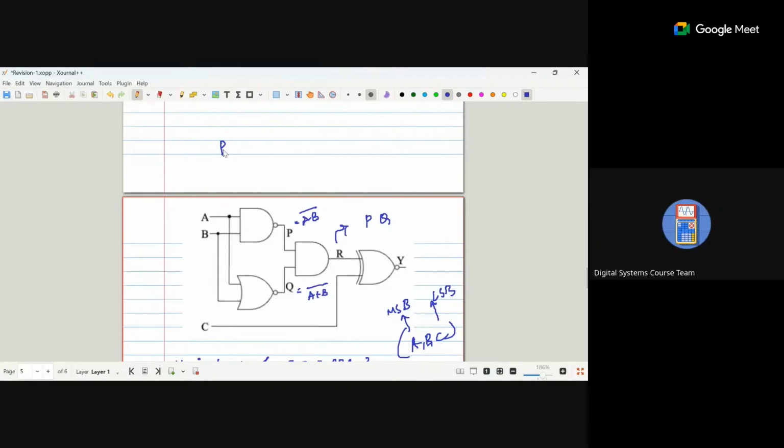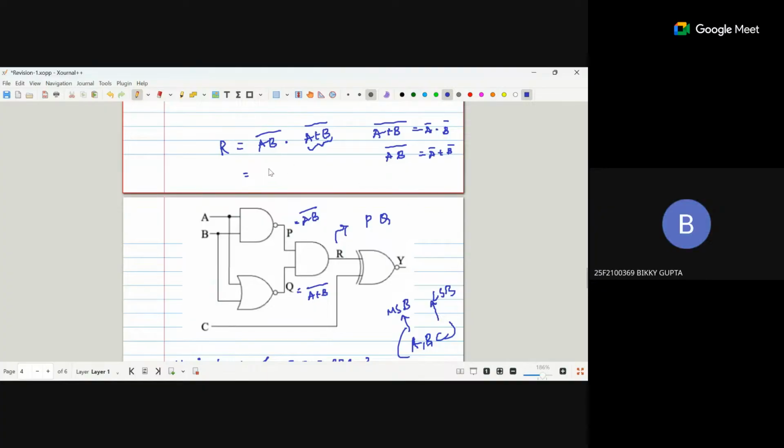So again I'm using De Morgan's law here. De Morgan's law for A plus B the whole bar will be A bar and B bar. And for AB the whole bar, that will be A bar plus B bar. Is this clear?